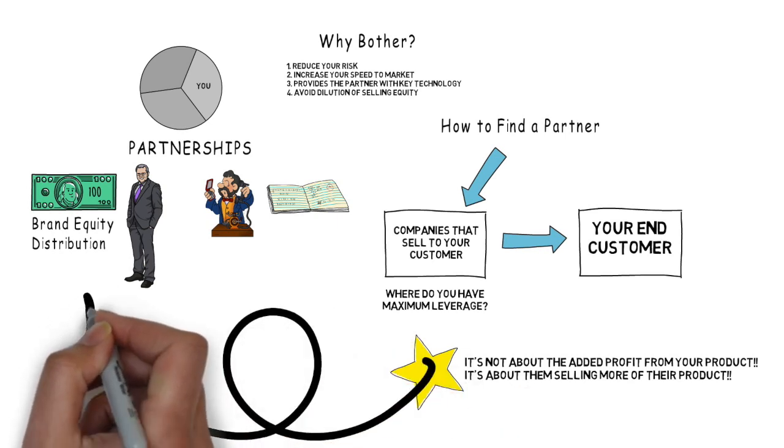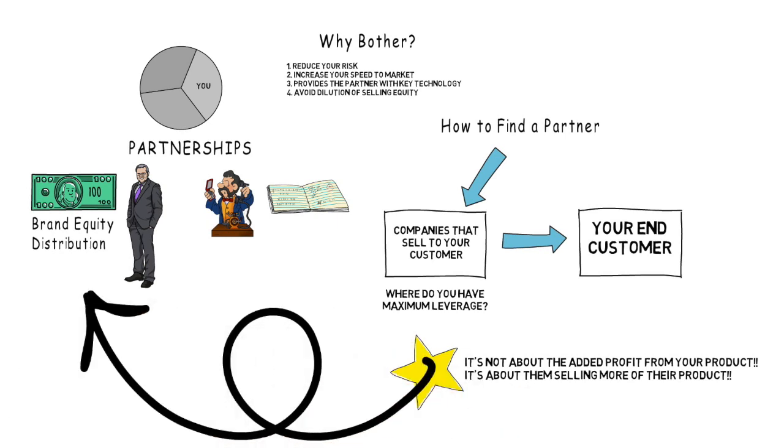And if your technology can give them an edge and enable them to achieve their existing goal of increasing their own market penetration, then you have something valuable, and they might be willing to share their brand equity, their distribution capability, and their cash with you.